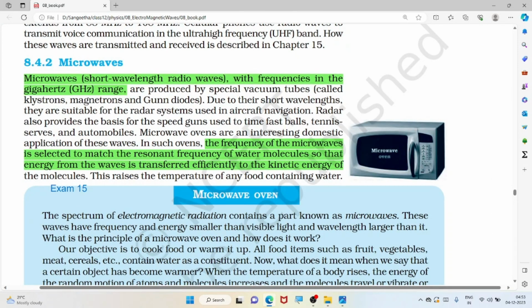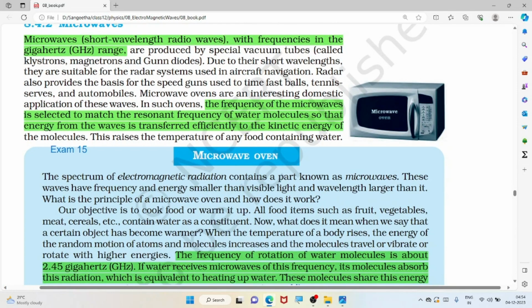These are the microwaves, of short wavelength, with frequencies in the gigahertz range. The frequency of the microwave is selected to match the resonant frequency of the water molecule, so that the energy from the waves is transferred efficiently to the kinetic energy of the molecule.